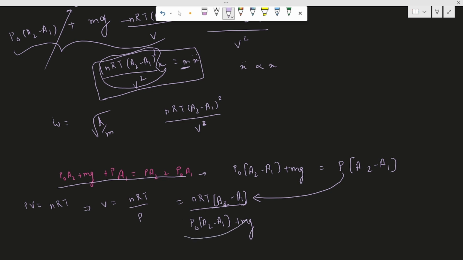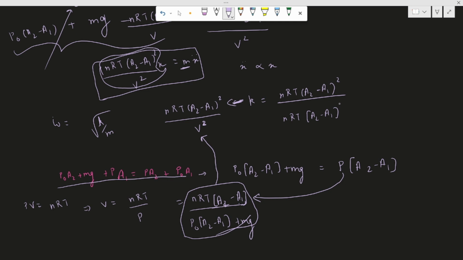Now we got the value of V. Now when we put the value of V here, we will get our final answer. So this is our k. Simplifying it, nRT (A2 minus A1) square by nRT (A2 minus A1) square square and in the numerator (P naught (A2 minus A1) plus mg) squared.